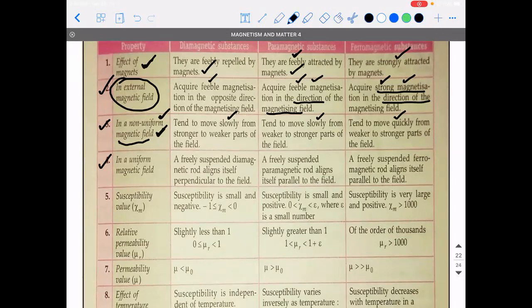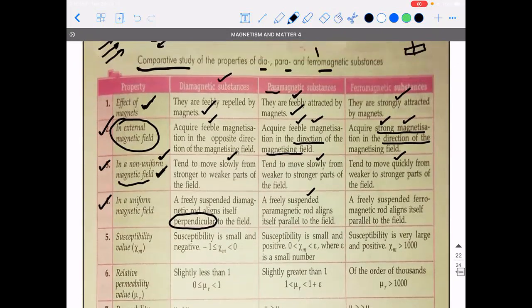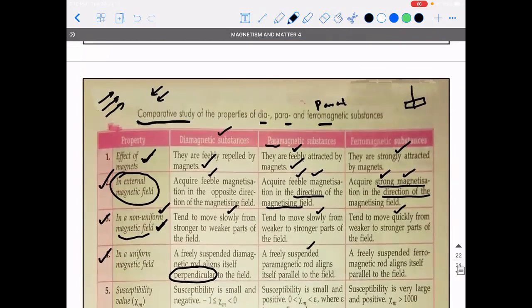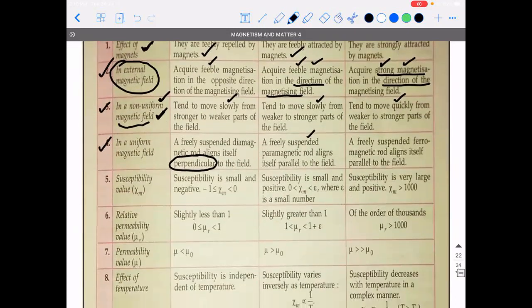In the presence of a uniform magnetic field, it will align itself in the direction perpendicular to the field. Okay. Whereas a paramagnetic substance will align itself parallel to the field. You can remember like this: parallel, P-A-R-A. The first four letters of parallel is para. So you can remember it like that. They'll get aligned in the direction parallel to the field.